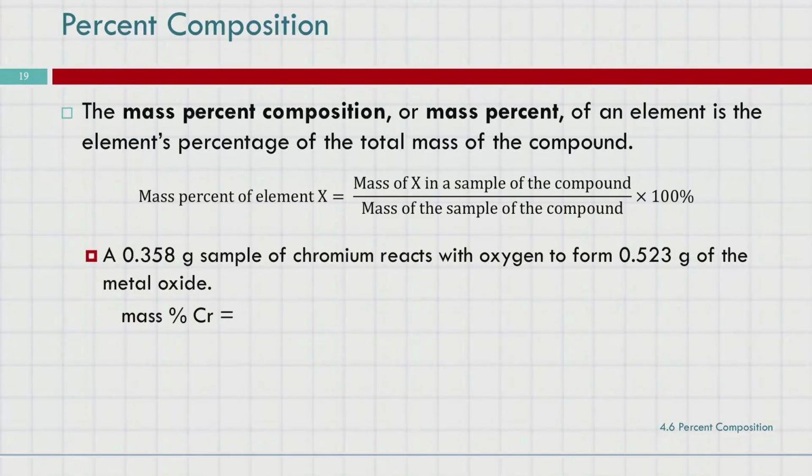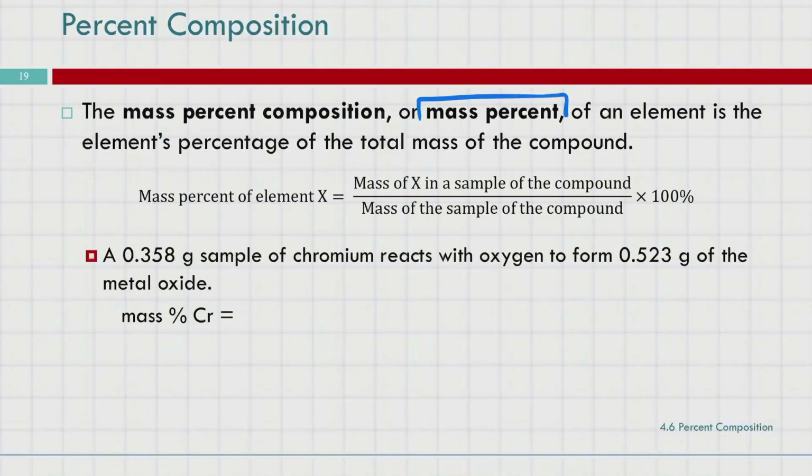All right. Other fun stuff that we can do includes calculating mass percent composition, or as you'll often hear it called mass percent. We have a lab that we'll be doing where we'll calculate the mass percent of oxygen in some compound.